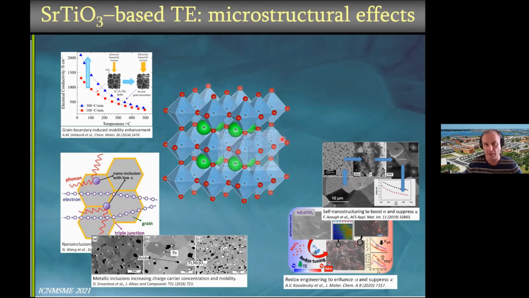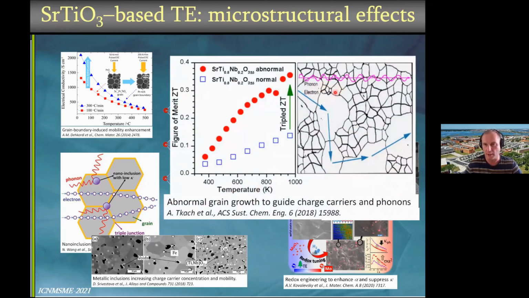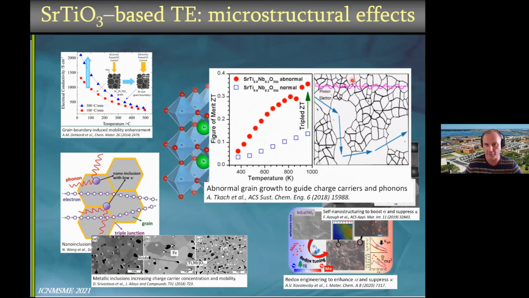Finally, one more very interesting approach is bimodal grain size distribution, where the larger grains create the pathways for the charge carriers, electrons in this case, to travel, while the phonons are scattered by the interfaces created by the smaller grains.